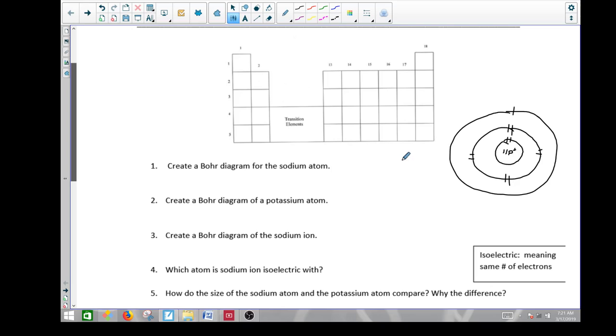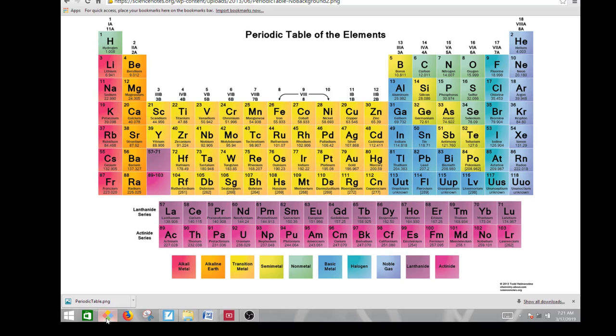There you go. Now, if I were to say sodium ion, then I'm going to lose this outer electron. And that would be isoelectronic with, if you go to your periodic table, we drop back from sodium to neon, and we have 2 energy levels.